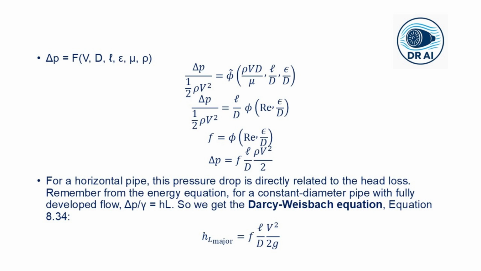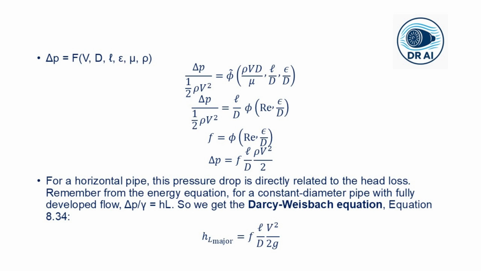Now, here is a crucial logical step. It's reasonable to assume, and experiments confirm, that the pressure drop should be directly proportional to the pipe length. If you double the pipe length, you should double the pressure drop also. The only way this can be true is if we factor out the L by D ratio dependence.